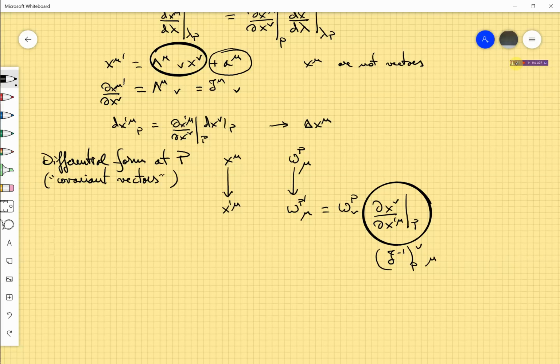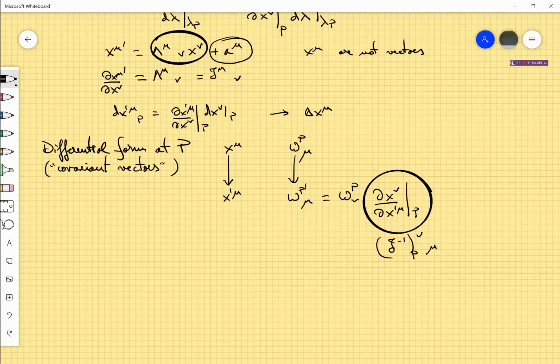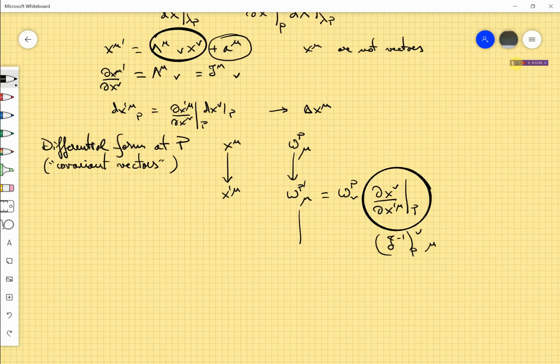You can check that this is the inverse Jacobian matrix just by multiplying one by the other, and you will find that the one times the other is just delta mu nu.